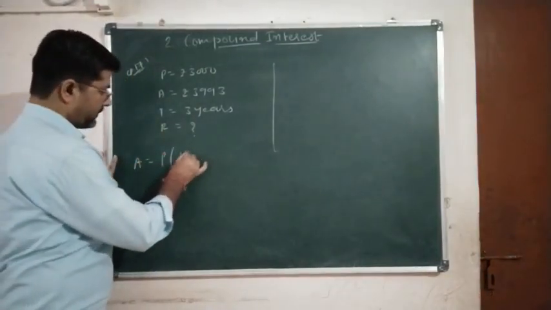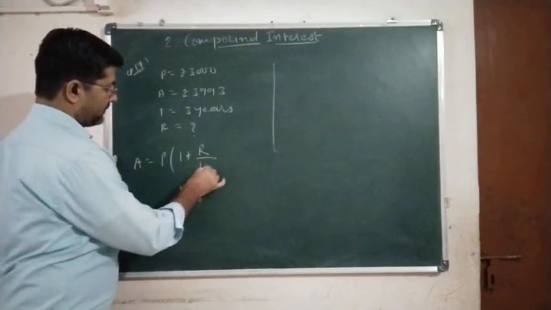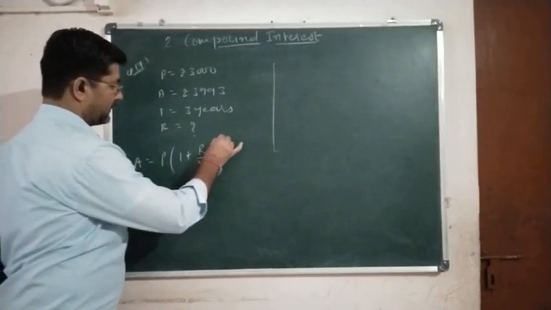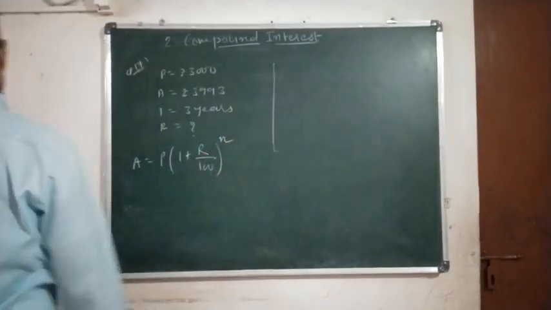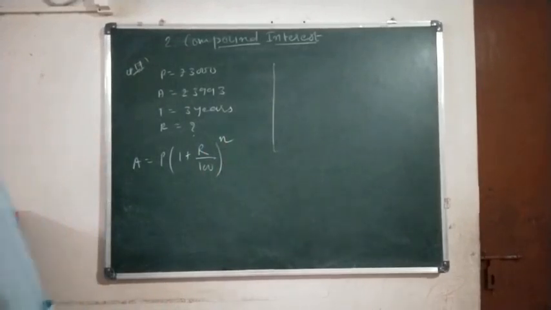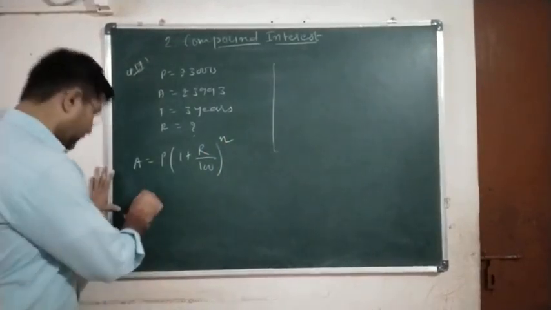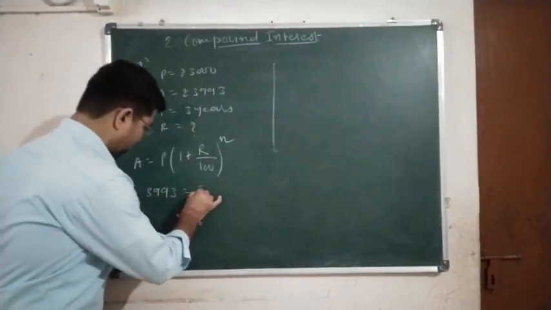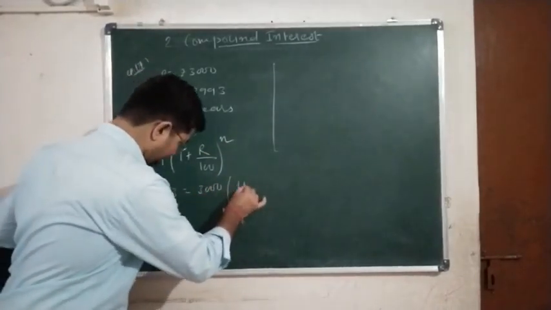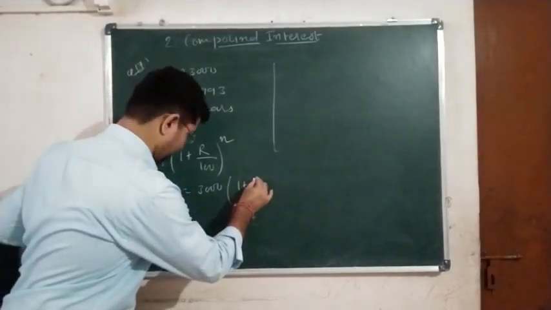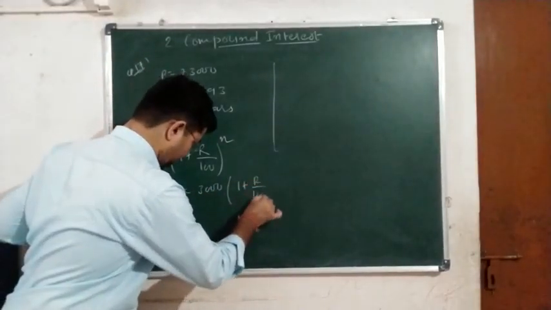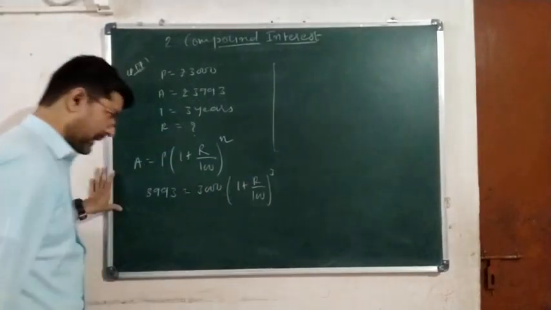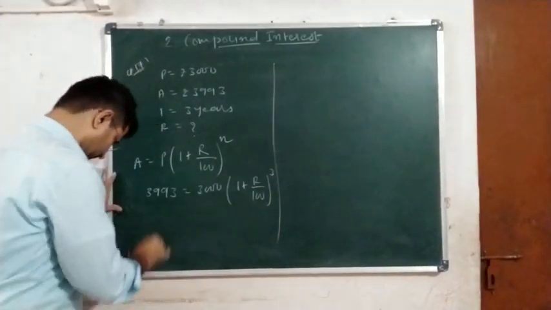A is equal to P into bracket 1 plus r upon 100 raised to n. Now let us put the values. 3993 is equal to 3000 into 1 plus rate, which we have to find out, upon 100 raised to power time, 3 years.